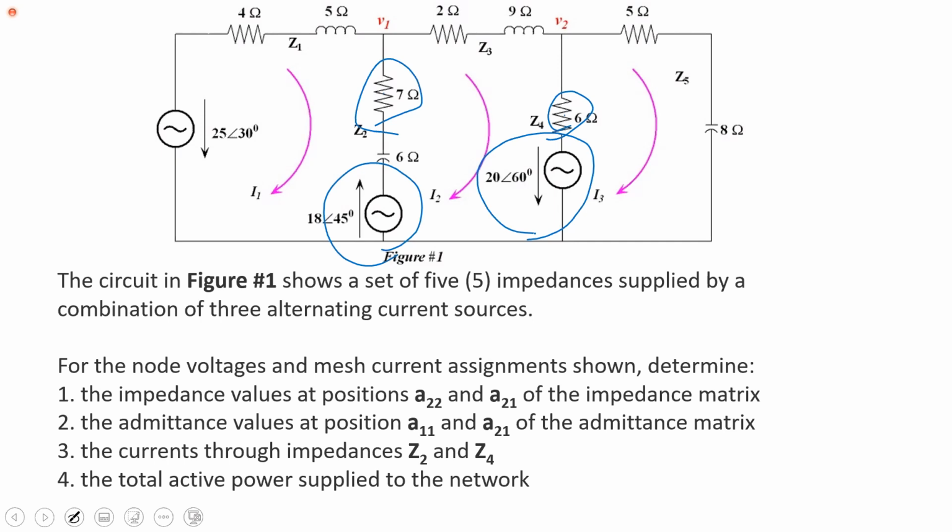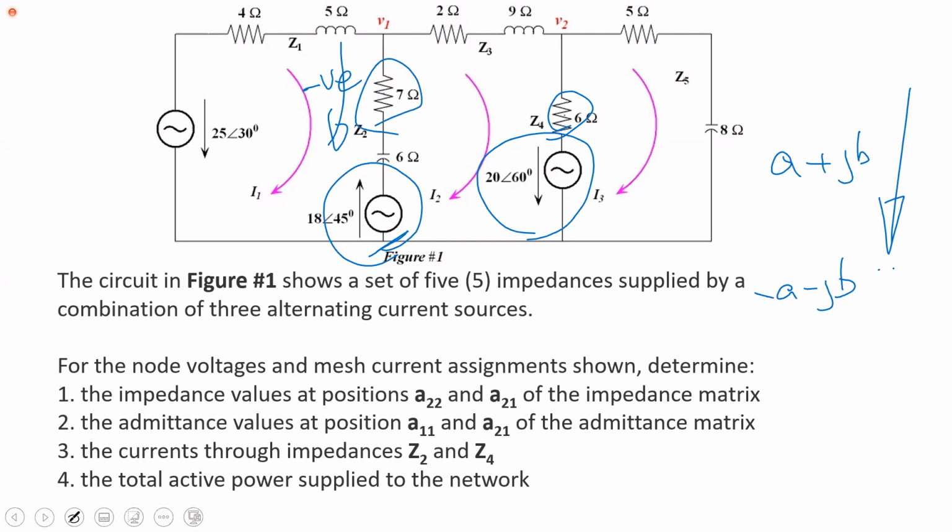If you calculated the current through Z2 going in this direction, it would be entering the positive side or the line side of this source, which means this source, in delivering current, will be delivering the negative of whatever value you had calculated. So let's say the current going in this direction was A plus JB. It means the current you'd be using would be minus A minus JB.